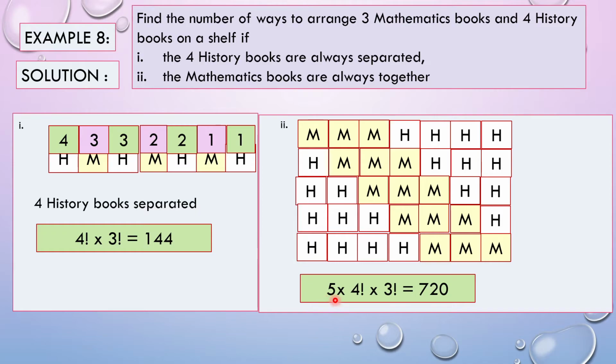Next, 4 factorial is the arrangement of the history books, and 3 factorial for the arrangement of the mathematics books. So multiply all this, and the total arrangement will be 720.